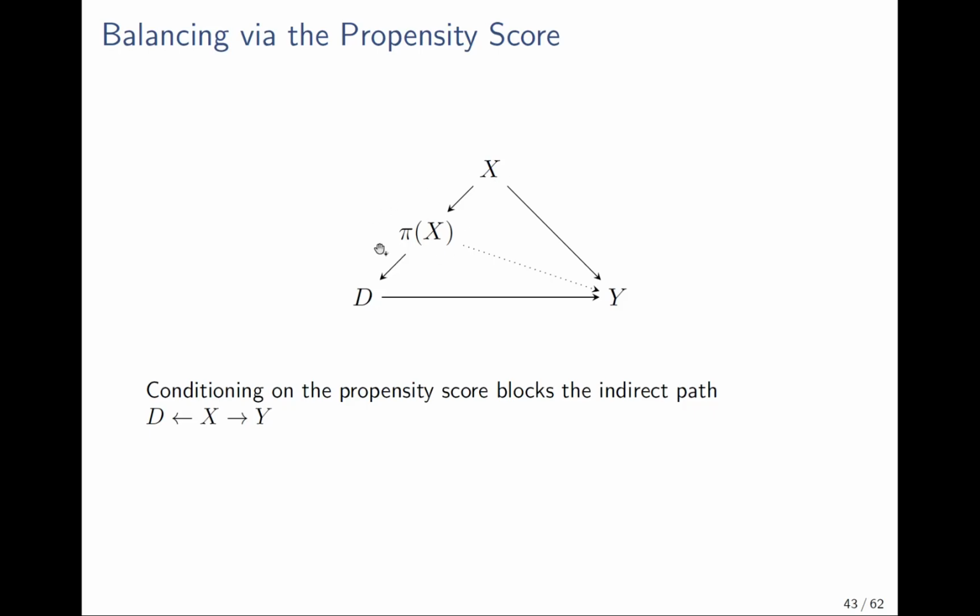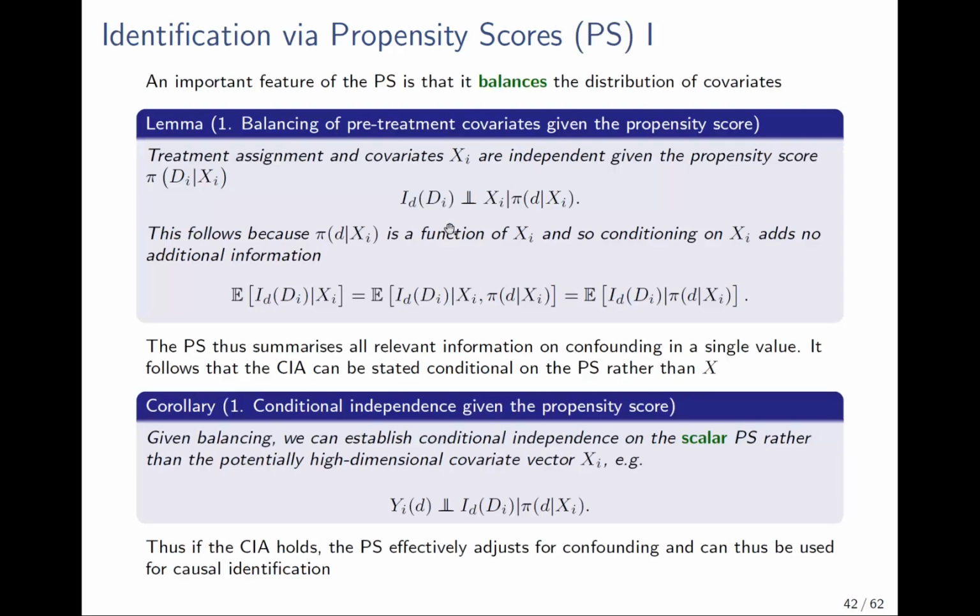Conditioning on the propensity score, because the propensity score is entirely determined by x, essentially blocks that indirect path. So you see here, it blocks the path between x and d. That's what balancing achieves. It puts this intermediate step here on the route from x to d. That's balancing.